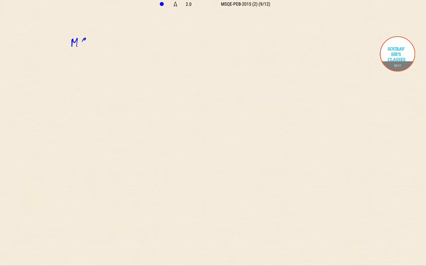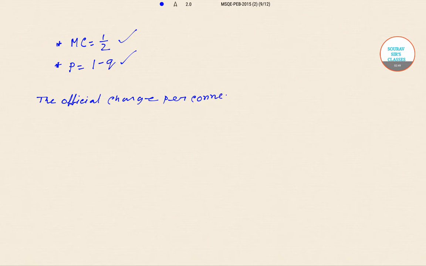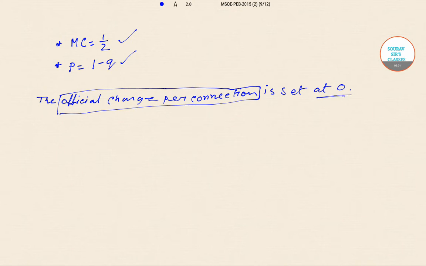Here the MC is given as half and the inverse demand function is given as 1 minus Q. Now the official charge per connection is set at 0.